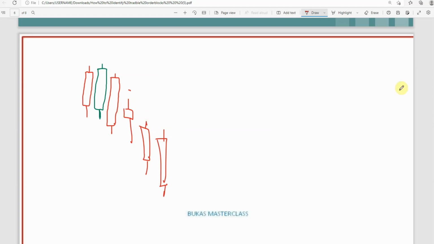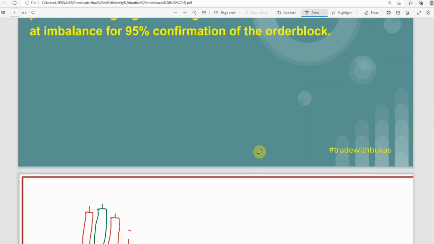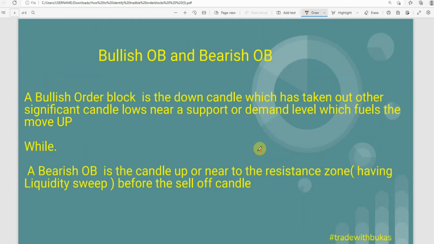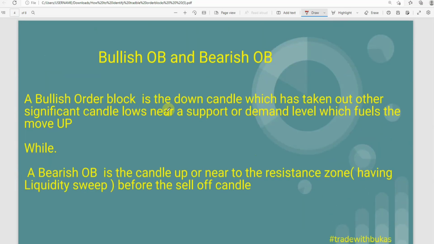Okay, so this is the first scenario, how to determine a bullish OB. First of all, let's see what a bullish OB is. A bullish OB is the down candle which has taken out other significant candle lows near a support and demand level.